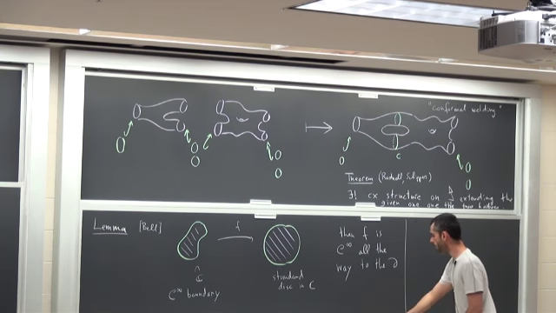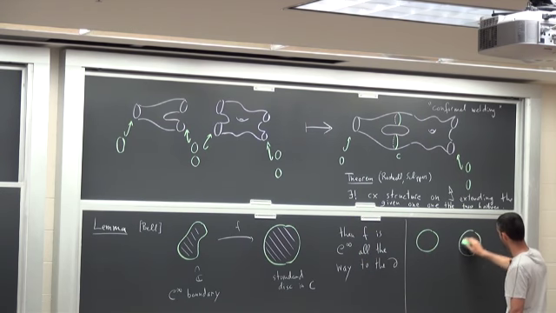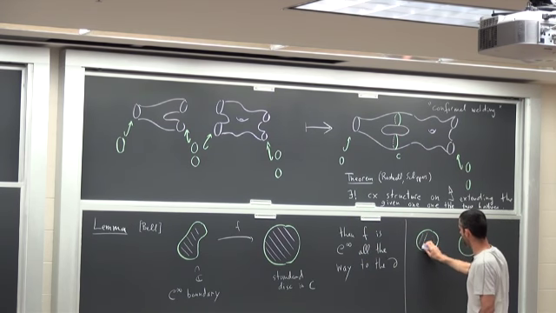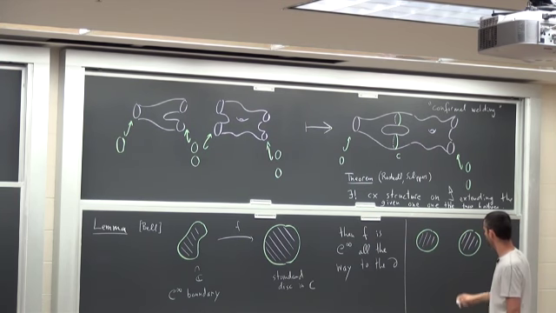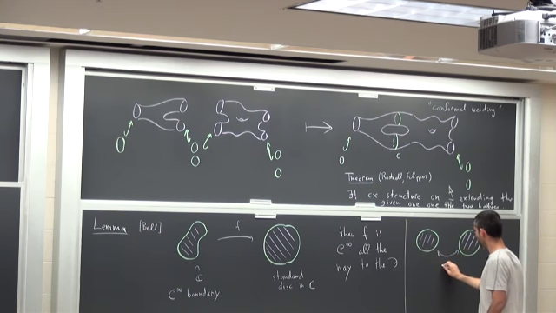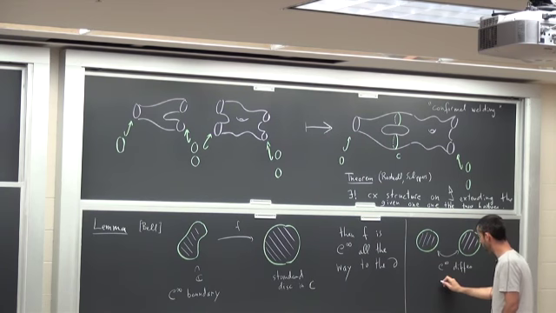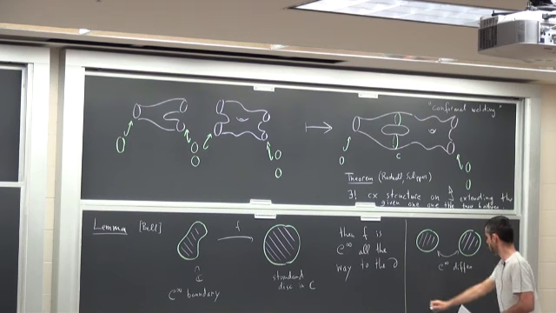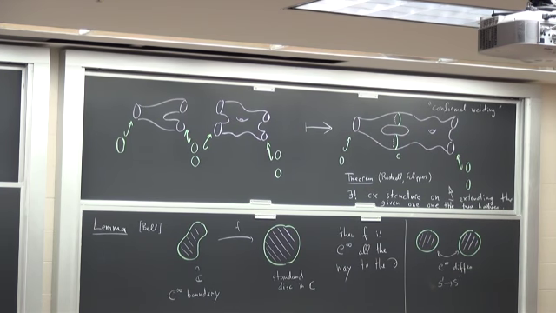So I start with 2 copies of the standard disk, and I have a C infinity diffeo between the boundaries. So from the boundary of the standard disk to the boundary of the standard disk.